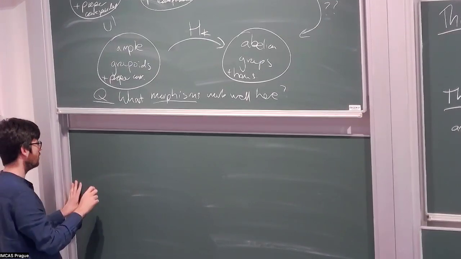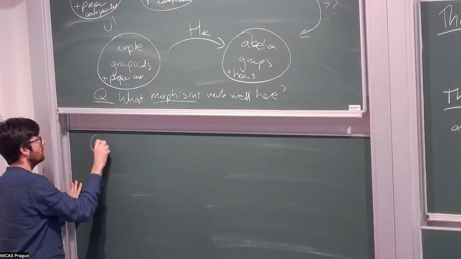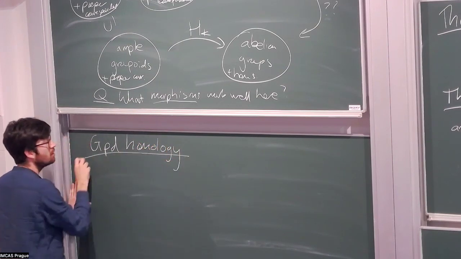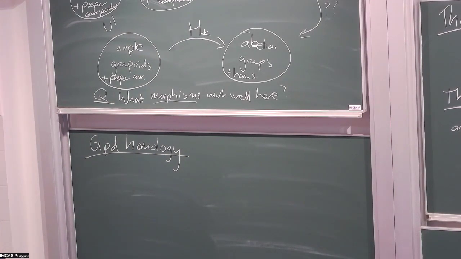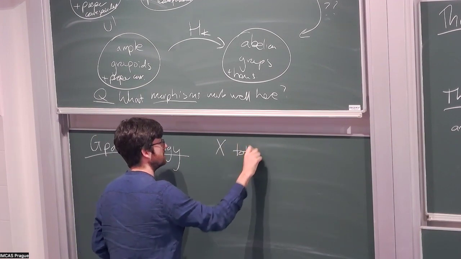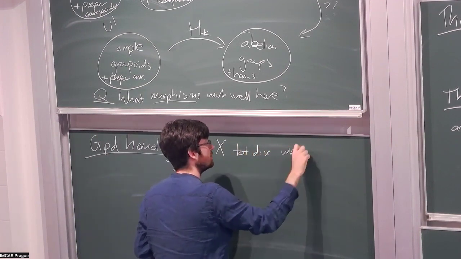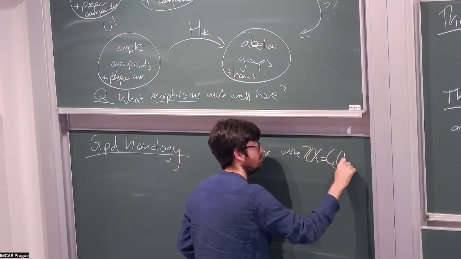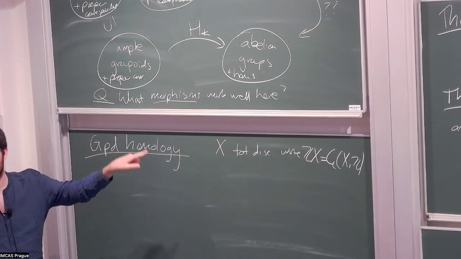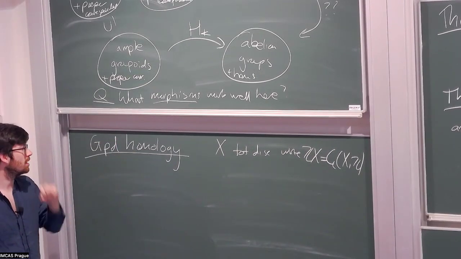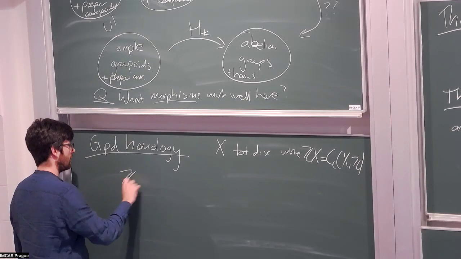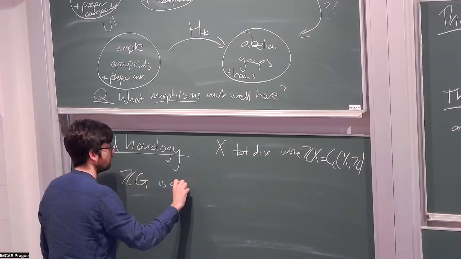So, groupoid homology. If X is totally disconnected, I'm going to write ZX for the compactly supported Z-valued functions on X. ZG is a ring.